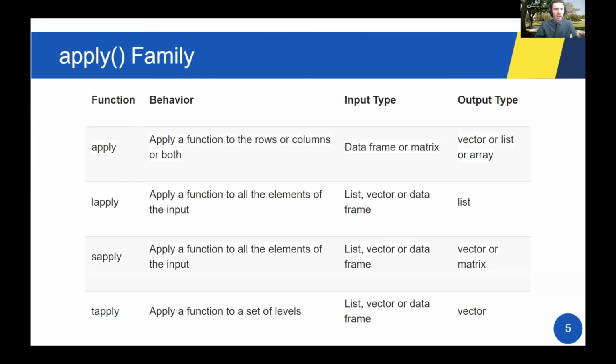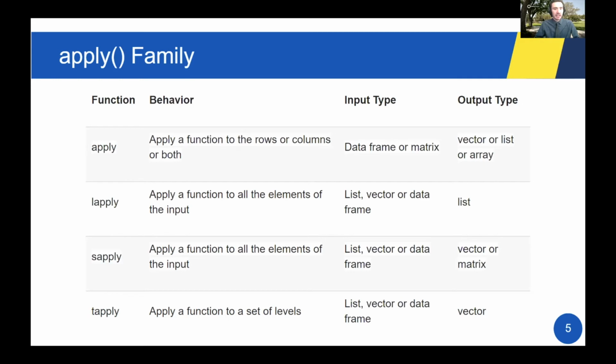What the apply family generally does is apply a function over the data that you pass into it. As you can see here, there are a lot of different apply family functions, like just regular apply, lapply, and sapply. They mainly differ in the input data type and output data type.